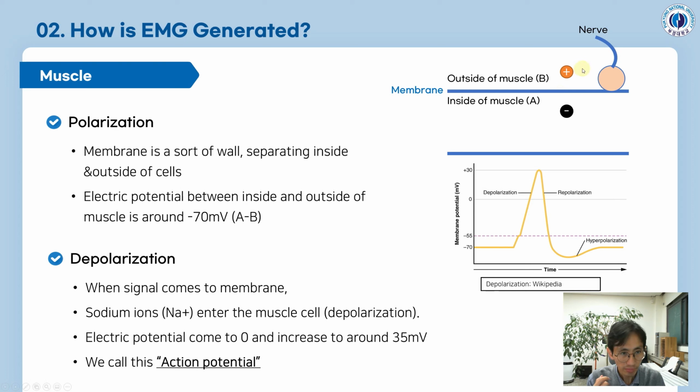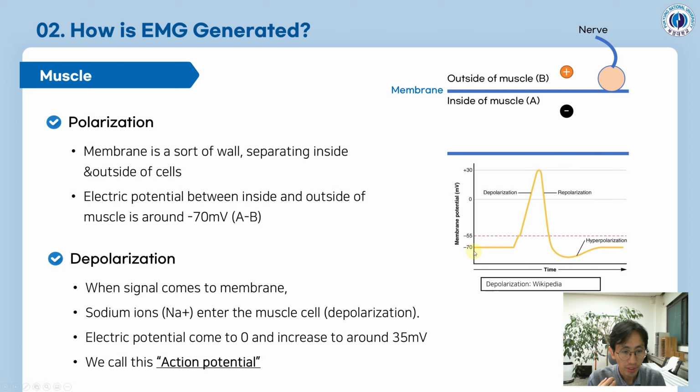Then the sodium ions start to enter the muscle cells. Sodium ions are plus ions. So if plus ions go inside the membrane, what happens? Yes, the electric potential increases.